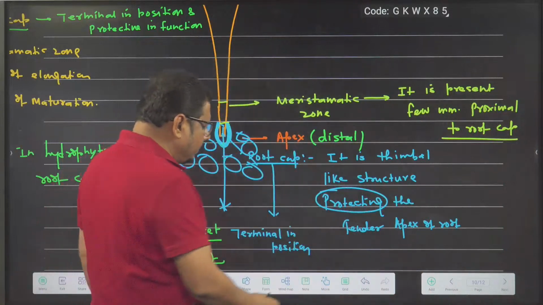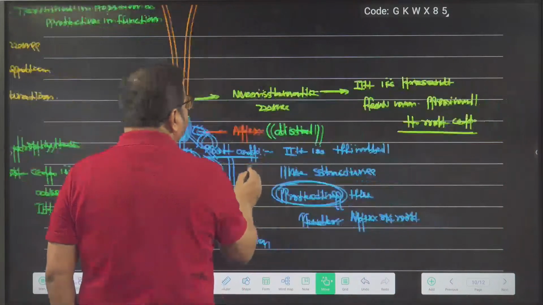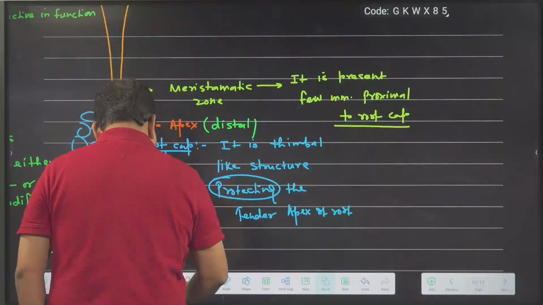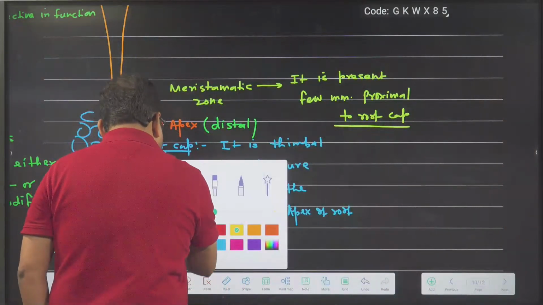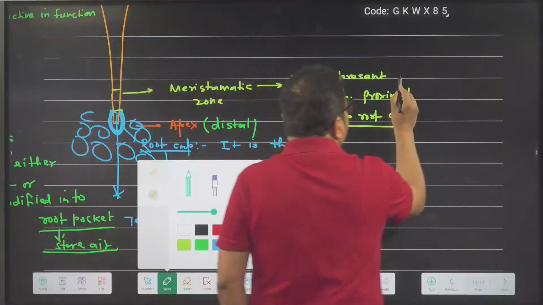So few millimeter proximal to root cap, meristematic zone is present. What are the characters of the cells present in this zone?